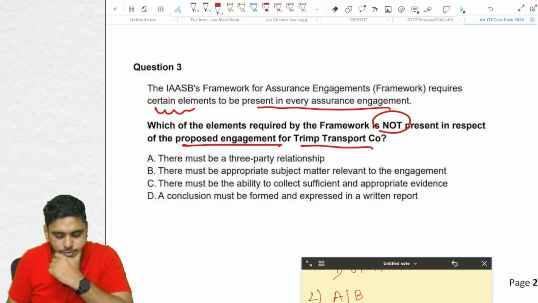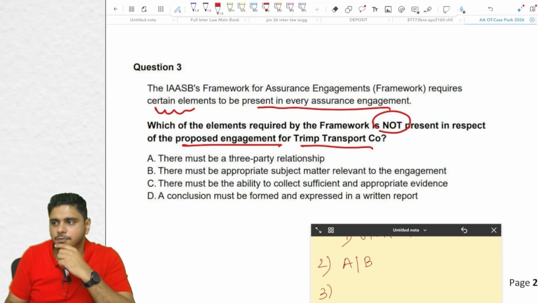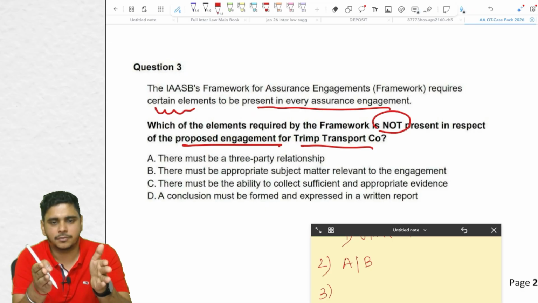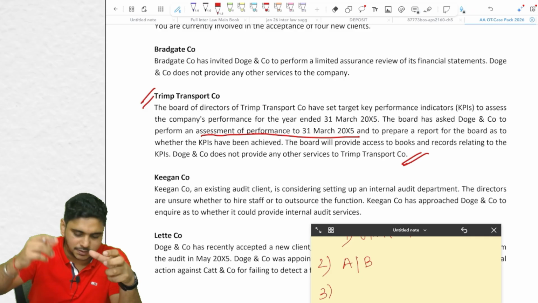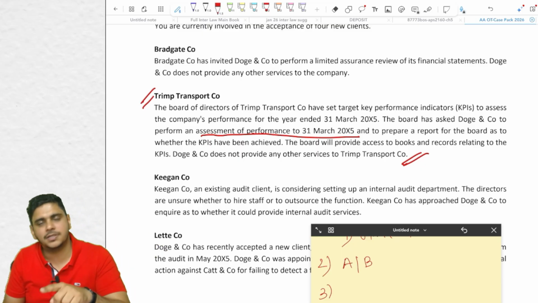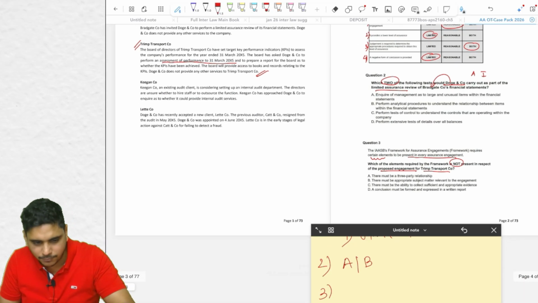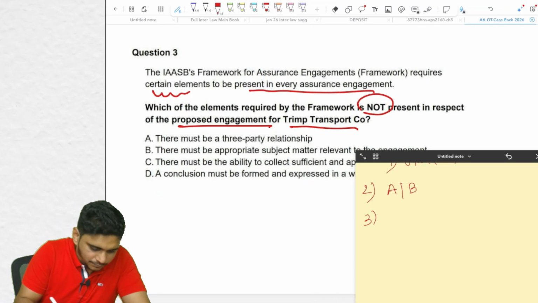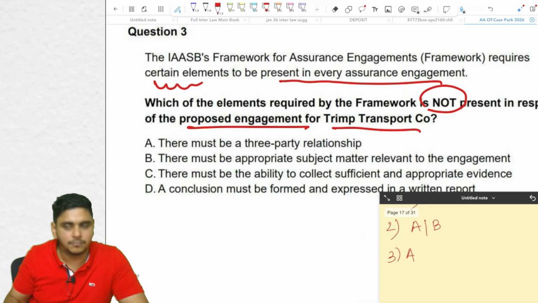Choose. If I remember the theory of elements, there must always be a three-party relationship, correct? The entity, the practitioner auditor, and the user. If I see this, the board of the entity is asking the CA to prepare the report. Who's the user? So the board is the user only. But for an assurance engagement, there has to be a three-party relationship, correct? Practitioner, the entity, and the user. So as per me, the answer should be A. You also write A, correct?